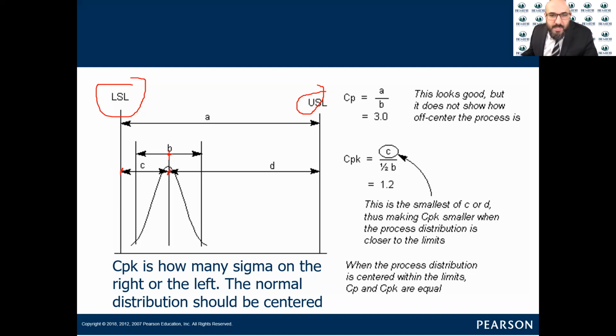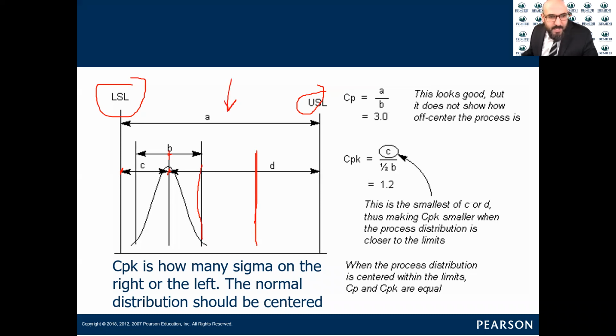C is the smallest of C or D. We pick the smallest between C or D, making the CPK smaller when the process distribution is closer to the limits. Again, here this looks good, but it's not. It does not show how off the process is. We need the process to be basically right here, somewhere in the middle. So that would be the centering of the process.